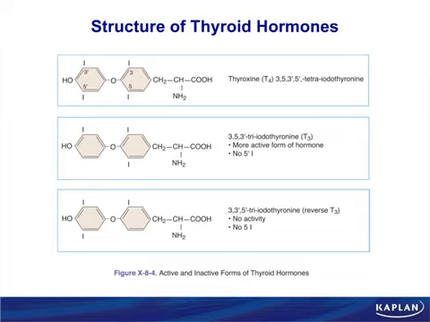It's not that you're going to be asked to draw this structure. It's that you will just have to know that the only difference between T3 and reverse T3 is the location of where the iodide is removed. That's the only difference, the location of the iodides.